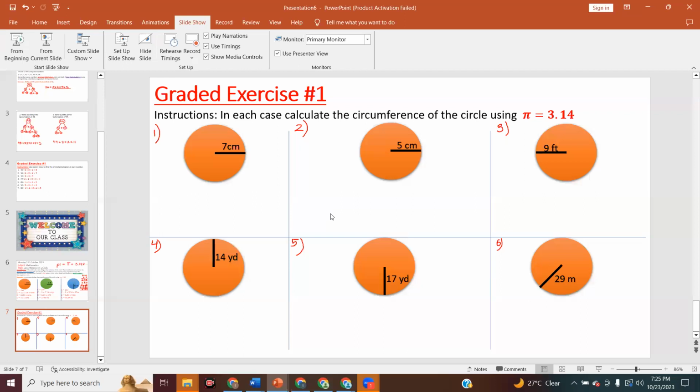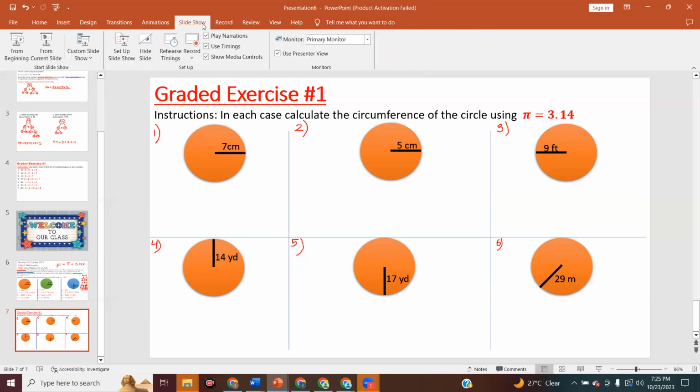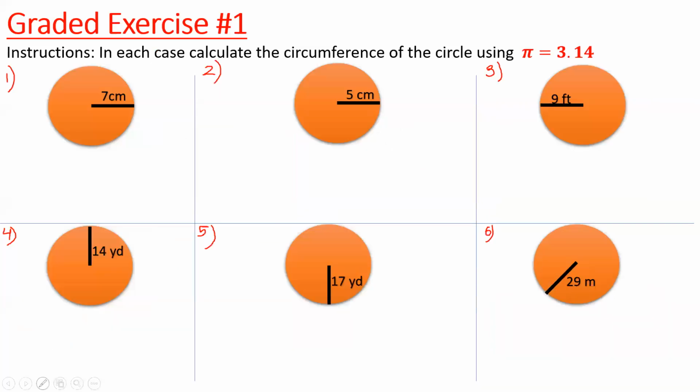So what do we get for number one? What y'all have for number one? C is equal to what? C equals 43.96.